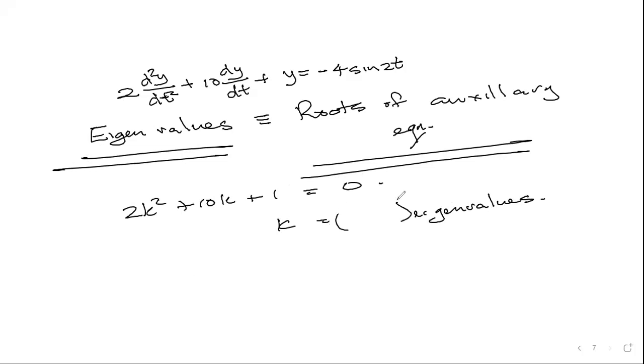In this case it wouldn't be 0, because don't you have to take into consideration the -4 sine 2t? You have to solve with 0 for the homogeneous equation.